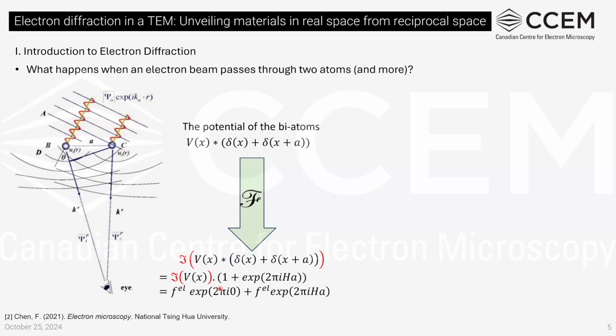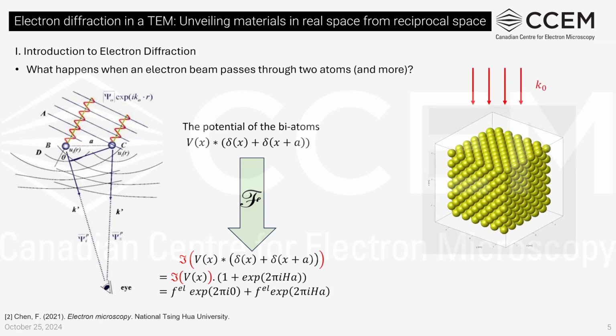If the A here satisfies Bragg's law, this exponential will be 1. So constructive interference will occur for these two diffracted waves. So you see here, even though we are not writing Bragg's law explicitly, it is still here, hidden in this formula. So in mathematics, we can use different formulas to describe the same thing.